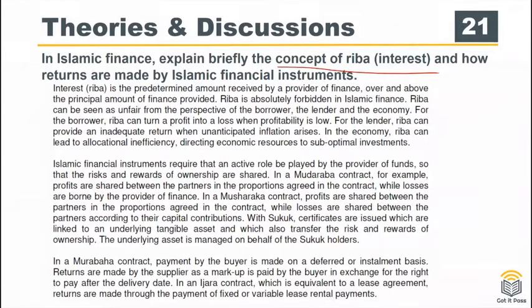It's not accepted because they have to follow the Islamic finance rules. Riba is the predetermined amount received by the provider of finance, which is absolutely forbidden in Islamic finance, because riba can lead to allocational inefficiency, directing economic resources to suboptimal investment situations.